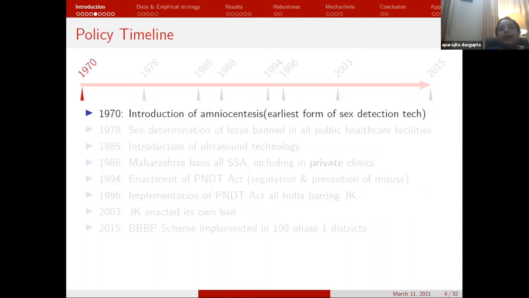So let me just get into the policy timeline that we are dealing with here. So this is just the history of how sex determination techniques actually developed.